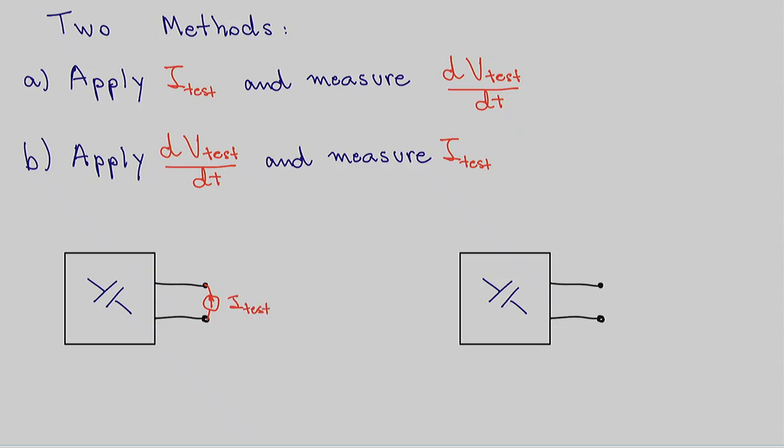And I would measure the voltage across here, or rather the voltage change, which would be dV-test/dt. Okay? Very similar, but different because the IV characteristic of the capacitor is different. And we saw that, right? We saw that with time, the voltage across the capacitor as we were charging was changing up to the point where it equalized the external voltage source that was doing the charging.